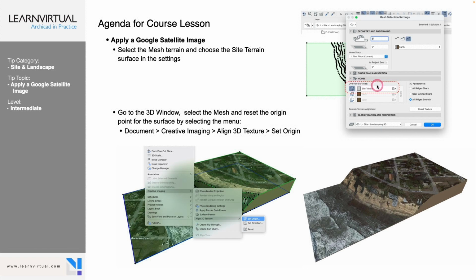Okay, on a normal site plan, we have that surface as a green surface to represent the grass. But we can now apply that image that we took from the Google satellite and make that the surface of our mesh. And if we've sized everything properly, it should match the ebbs and flows, the ups and downs, the contours of the mesh, matching the image that we've pulled from Google.